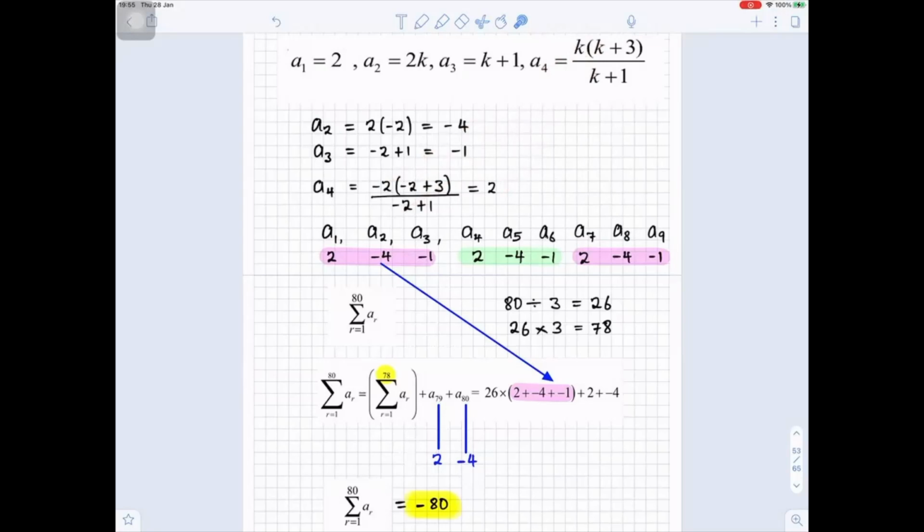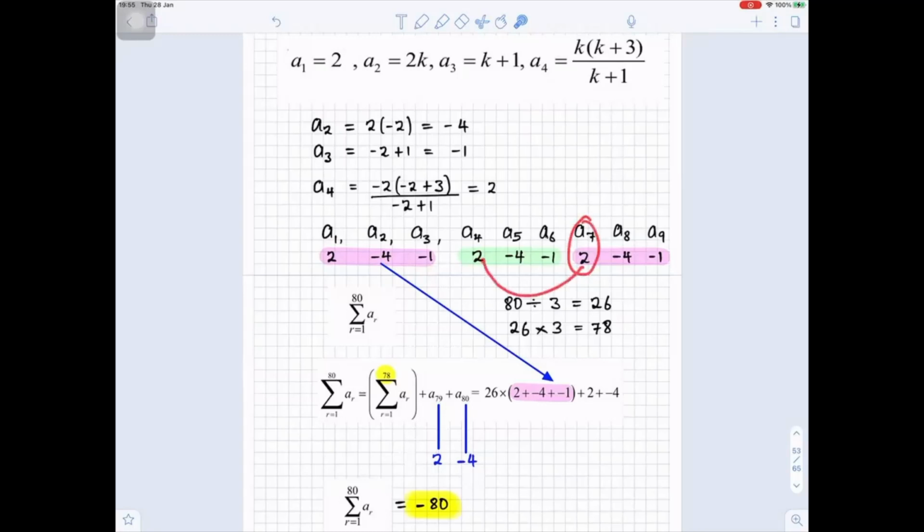So what we're saying is that A1 is 2, A2 is minus 4, A3 is minus 1. And then A4 is 2 because it starts to repeat again. So A5 will be minus 4, which will be the same as A2. And A6 will be minus 1, which will be the same as A3. And then it starts to repeat again.